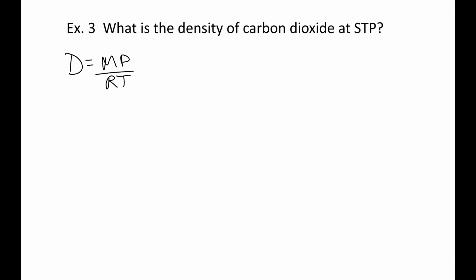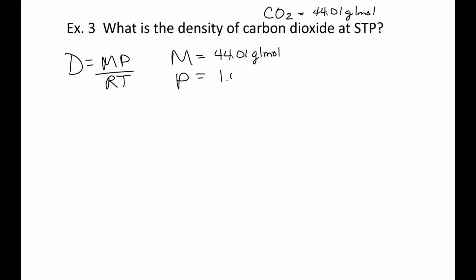Molar mass of carbon dioxide, which is CO2, is 44.01 grams per mole. How did I figure that out? Well, 1 C plus 2 O's. So I have my M, 44.01 grams per mole.